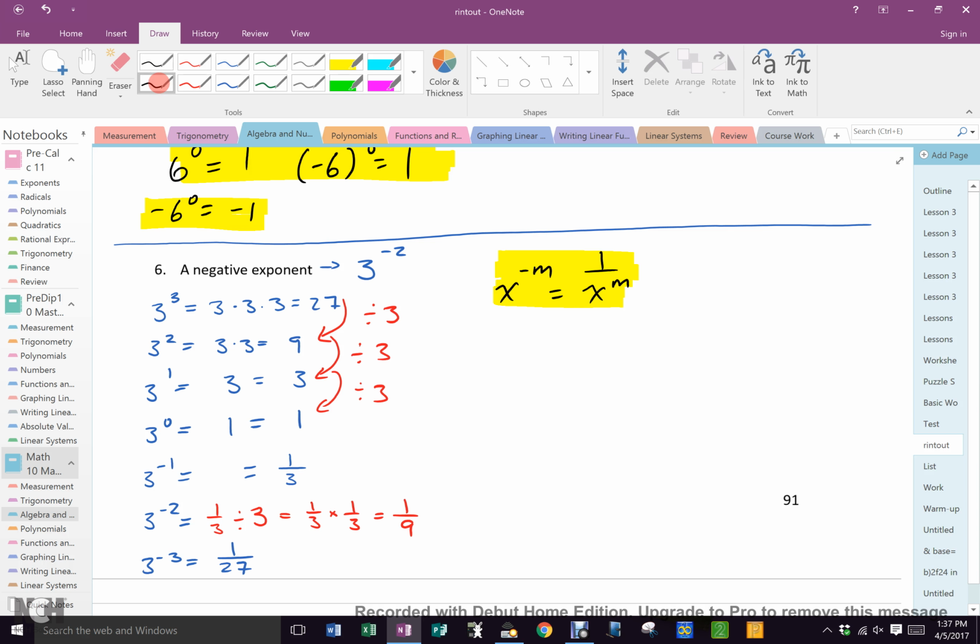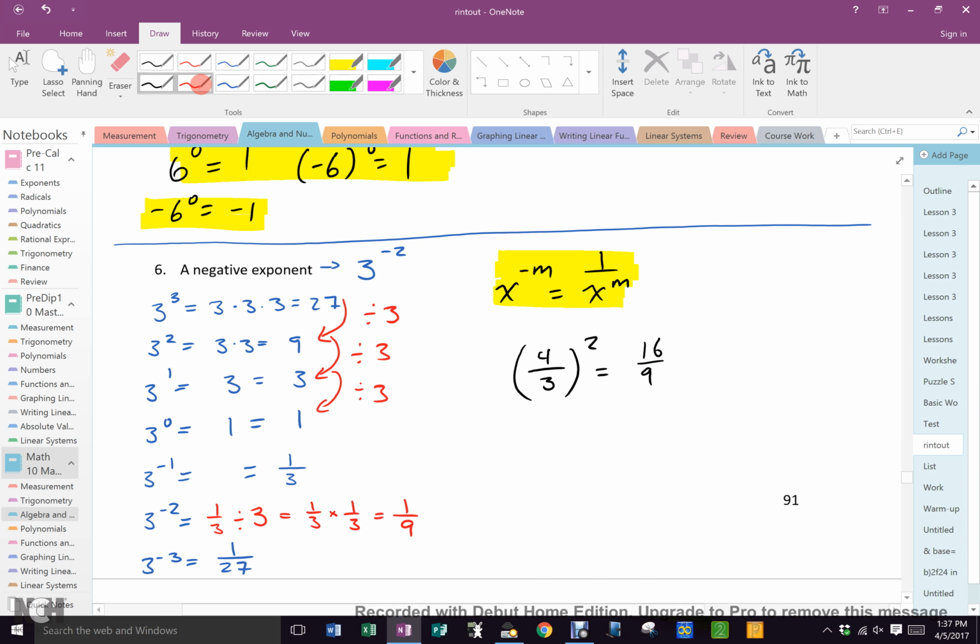Put all the laws together. What is 4 over 3 squared? 16 over 9. Does everybody agree and understand that? Why? Because 2 has to go to everything, yes?